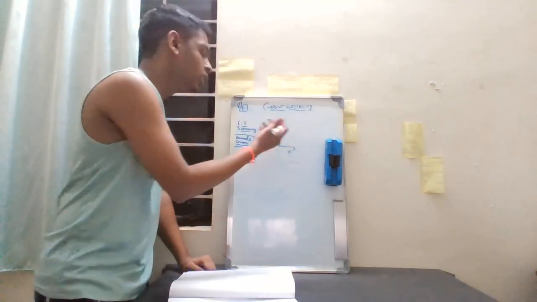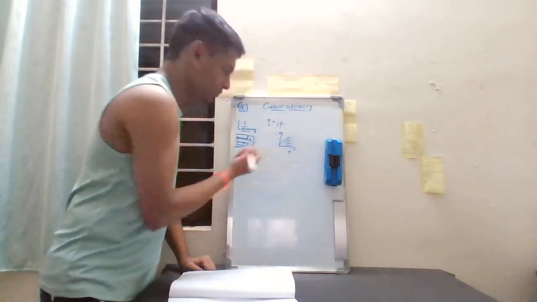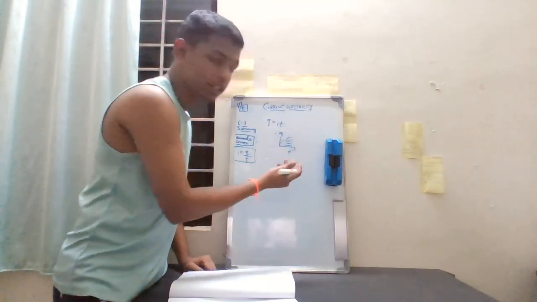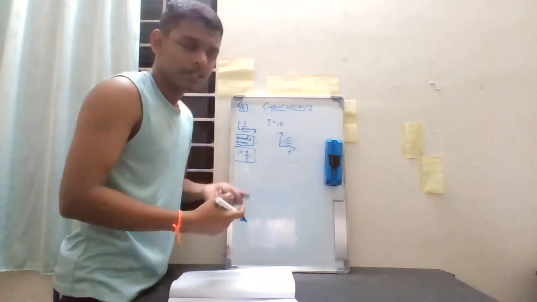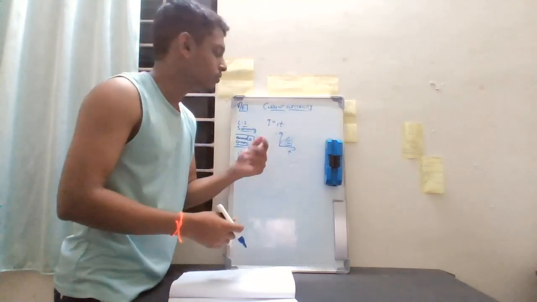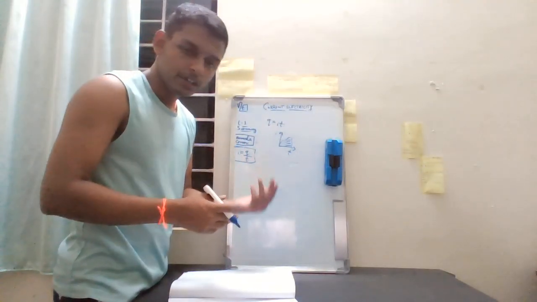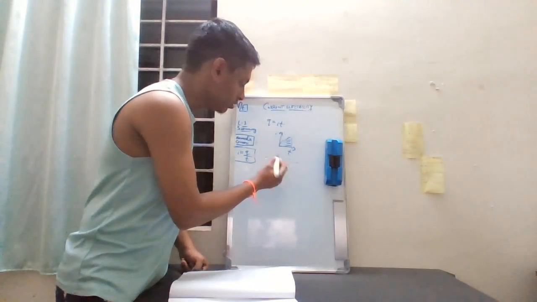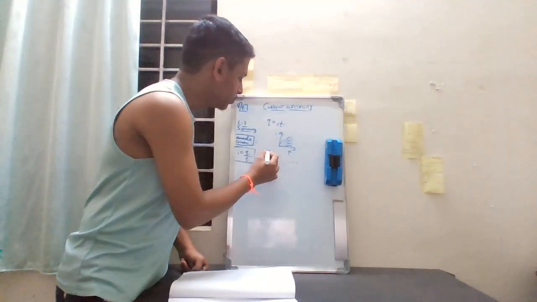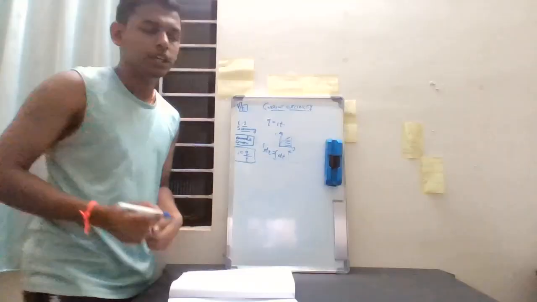We can find out total charge, which is the area under the curve. If it is uniform, we can use standard methods. But if it is non-uniform and we have any random shape, we would have to apply integration. So dq integrated would be I as a function of t into dt.